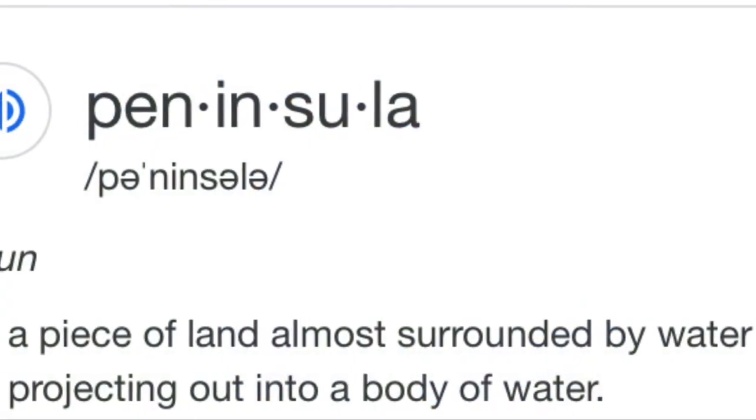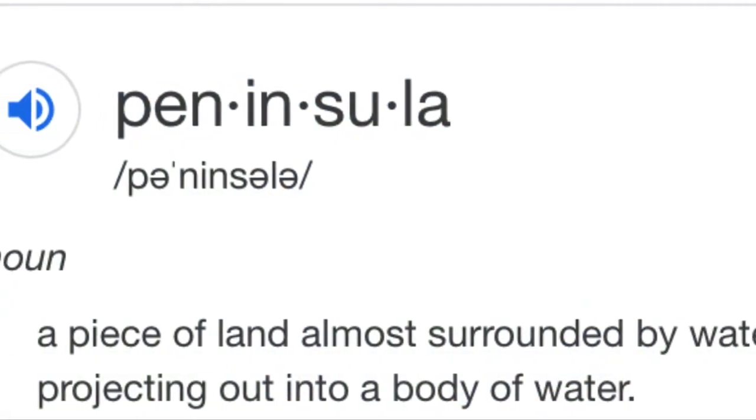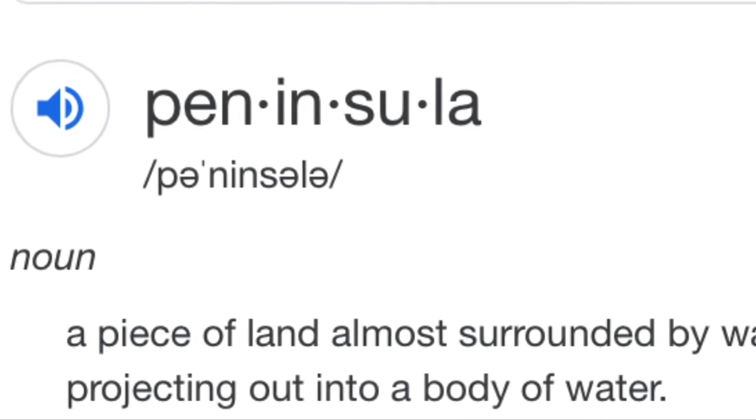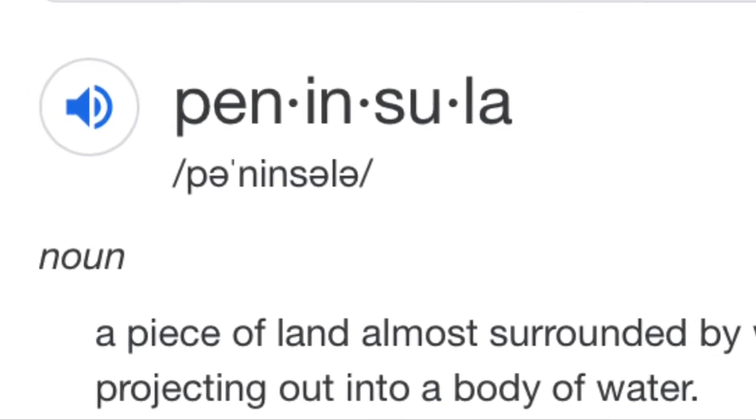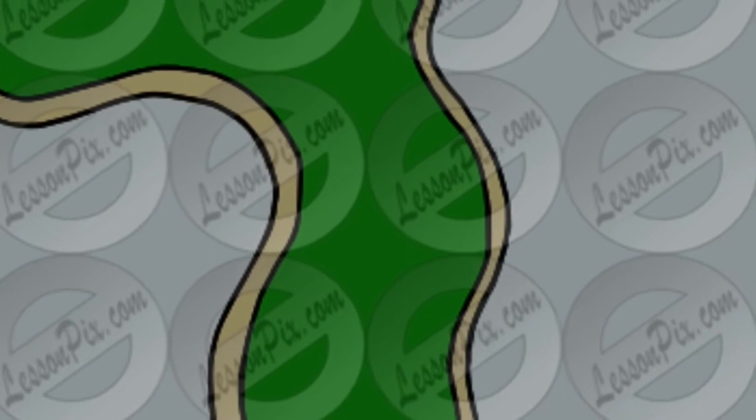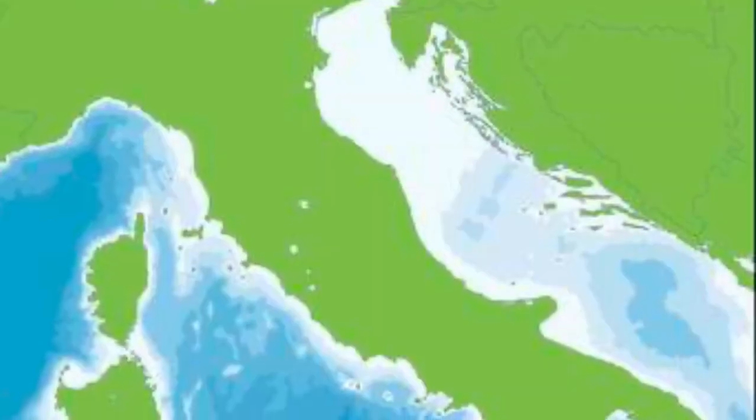All right, let's talk about a peninsula. A peninsula is a piece of land that is almost completely surrounded by water. Florida is an example of a peninsula. So one end of it is attached to land, the other three are surrounded by water.